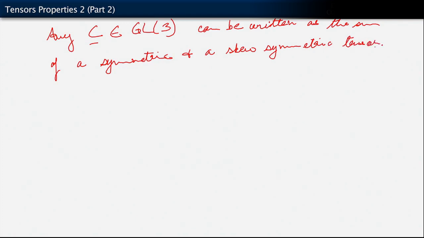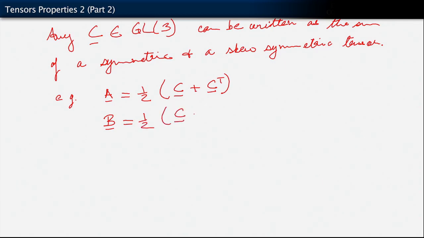How do we do that? Define A as 1/2 (C plus C transpose), and define B as 1/2 (C minus C transpose). It's easy enough to check that A is indeed symmetric and B is skew-symmetric.